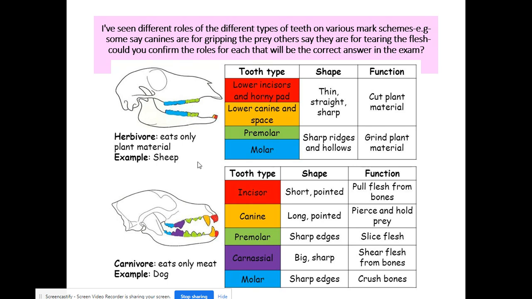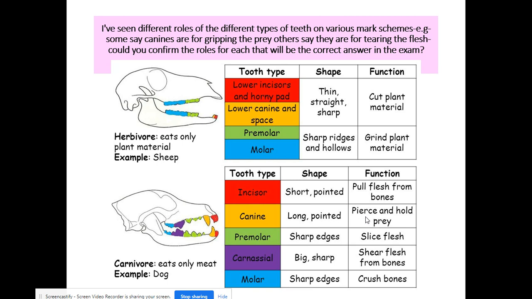And then we've got the carnivore teeth here, remembering that they only eat meat. You've got the front ones here, the incisors, for pulling the flesh from the bones. You've got the canines here, and they're important because a dog is a bit of a bad example, really, because they get given their dog food. But if you were looking at a wolf that had to catch its prey, then they've got to grab hold of their prey.